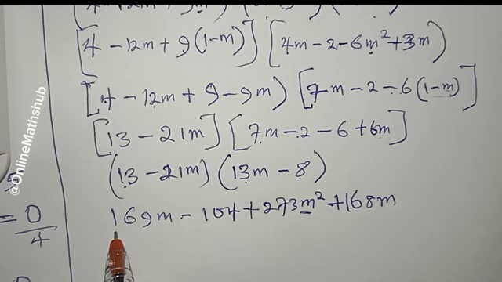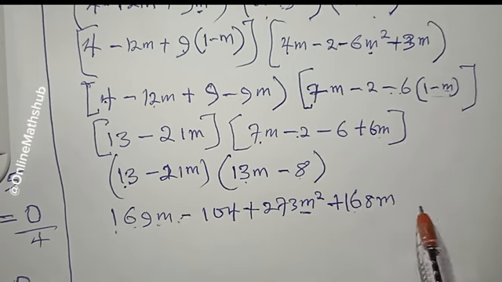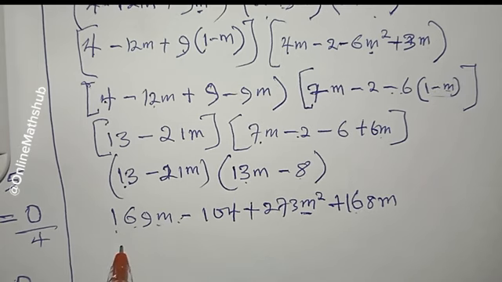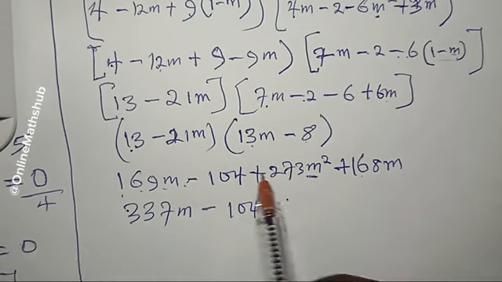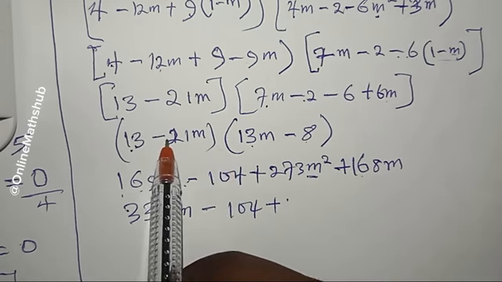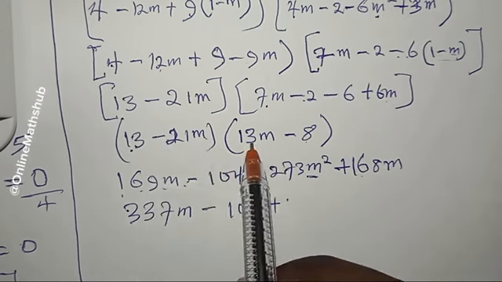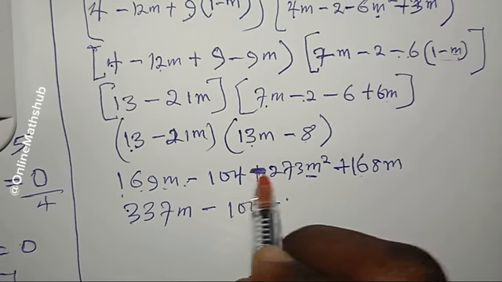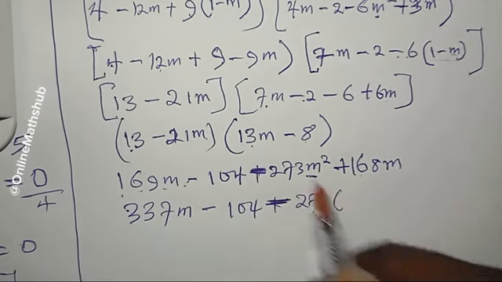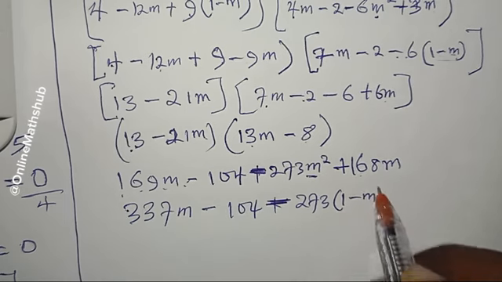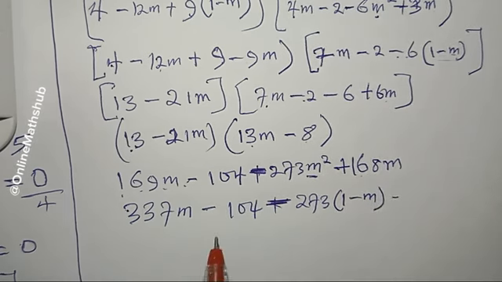Before then, I can actually add this 169m plus 168m. So what I'm going to be having is 337m, okay, minus 104 plus, oops, this is actually going to be minus, because of course minus 21m multiplied by positive 13m, so this is minus. So what we're going to be having is minus 273 into 1 minus m. Okay, that's what we have right there.